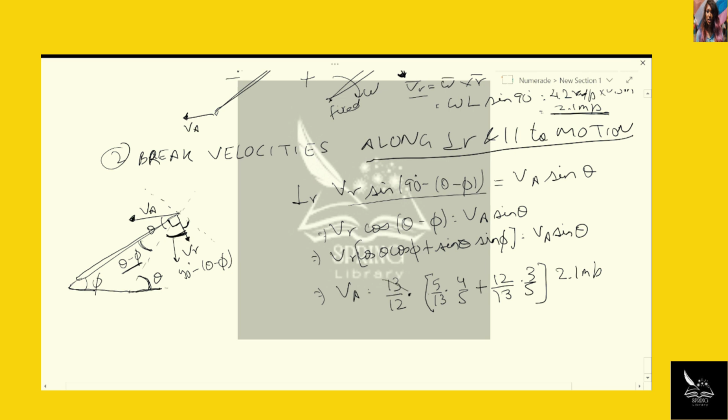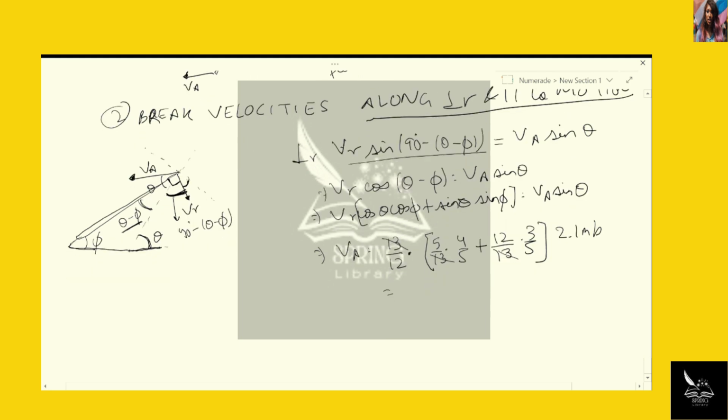So 13 will cancel everything inside, and then we eventually get 20 plus 36, 56 over 5 times 12. So 56 over 5 times 12 in the denominator, then times 2.1. So we can calculate these numbers. So 56 and 12 can be further simplified because 4 divides both of them.